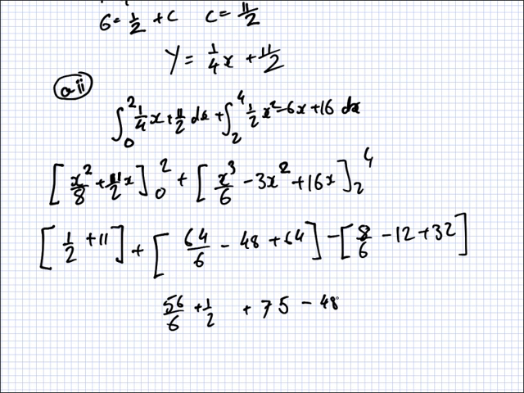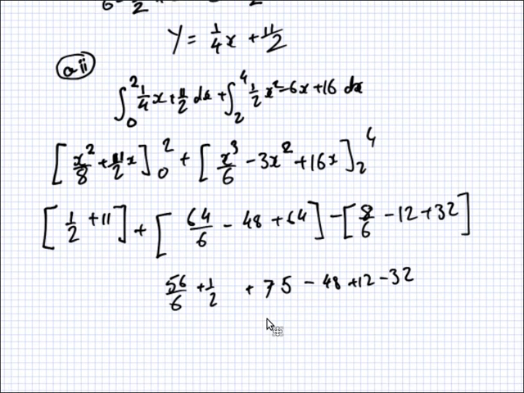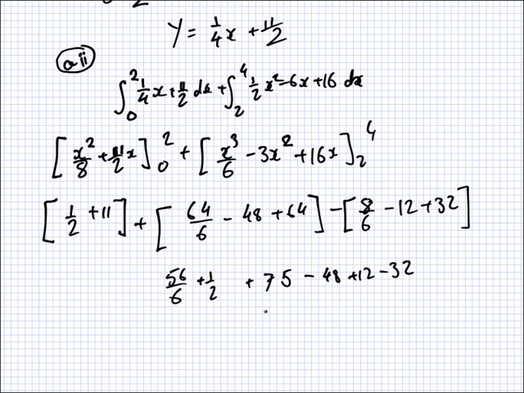Minus 48, and then plus 12 minus 32. That's minus 20, minus 68. 75 minus 68 is 7, isn't it? What's the final answer? Minus 43. Oh no, it can't be minus. No, it's definitely not minus. 16.8? What's that as a fraction? 101 over 6. Thank you.